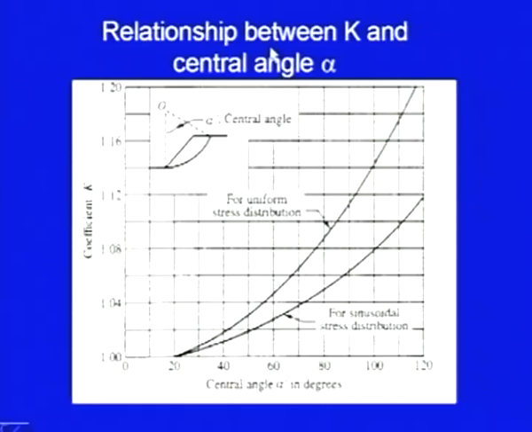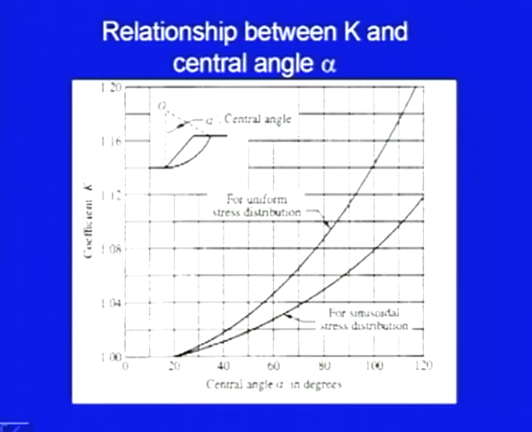This is the relationship between k and central angle alpha. On the x axis you have central angle alpha. For the particular trial circle which we have taken, you can find this alpha, and once alpha is known, you can find out the value of k.